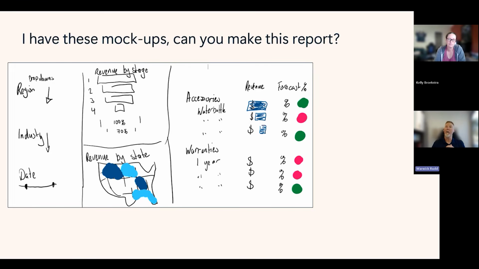And then I want some figures to show me what is that revenue and how's that broken down, as well as what's that forecast percentage on what we're doing across the board as a business on all of our products, all of our services, everywhere that we provide out to our customers.